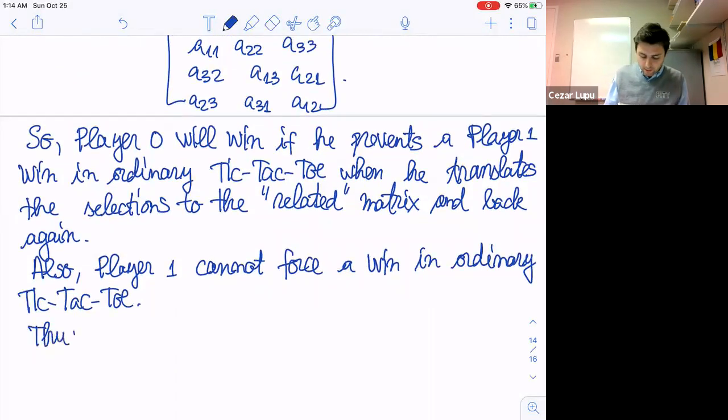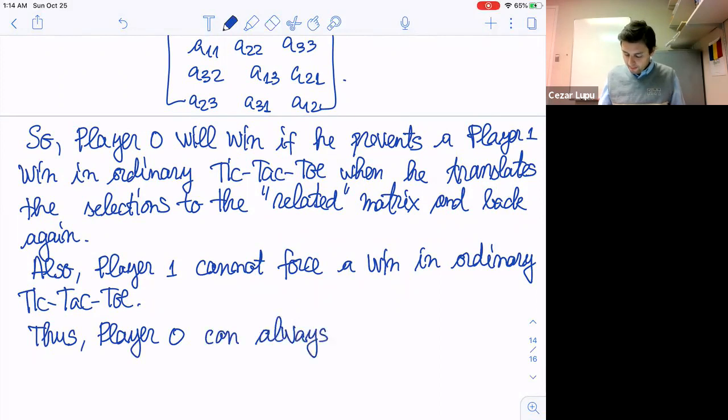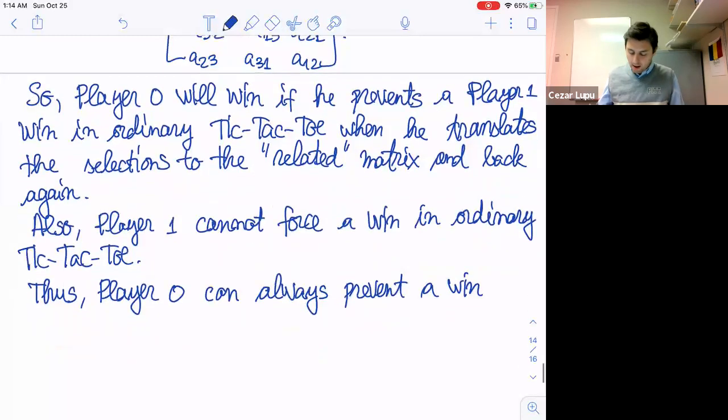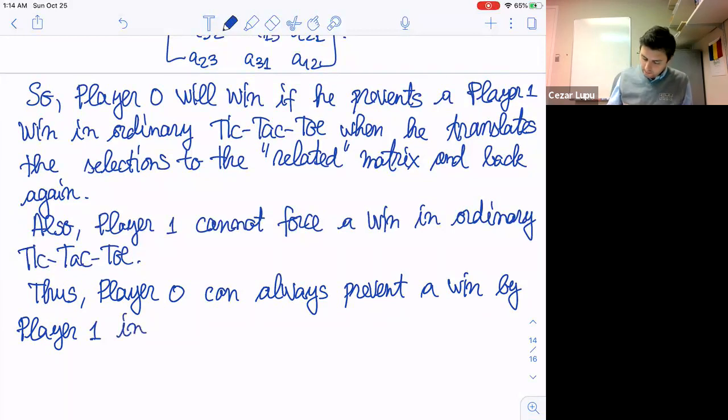So this implies that player 0 can always prevent a win by player 1 in determinant tic-tac-toe.